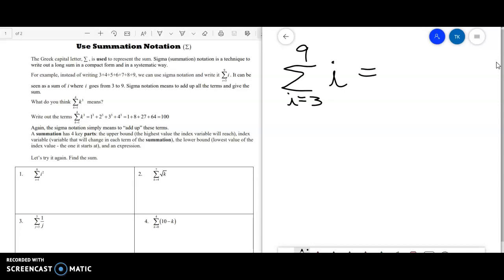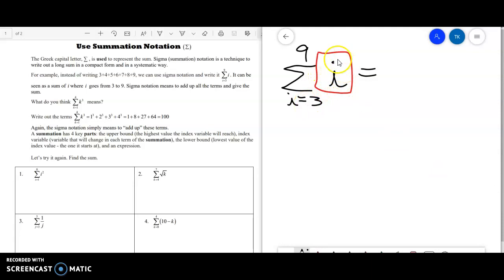Half the battle in statistics is to not freak out with the notation that you're given. Basically, it means take whatever follows the summation, which in this case is just i, and one at a time you're going to plug in the number that you start with all the way up to the number that you end with. So in this case, the first value that you're going to plug in is 3.